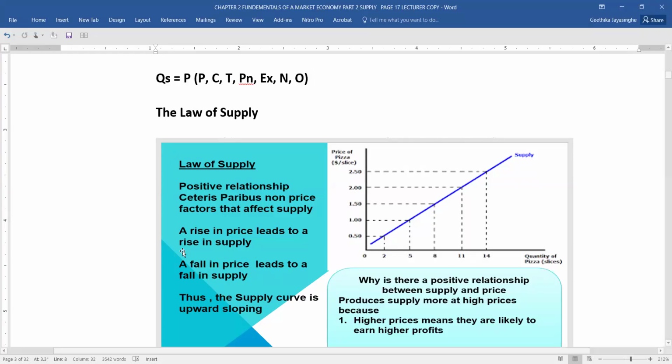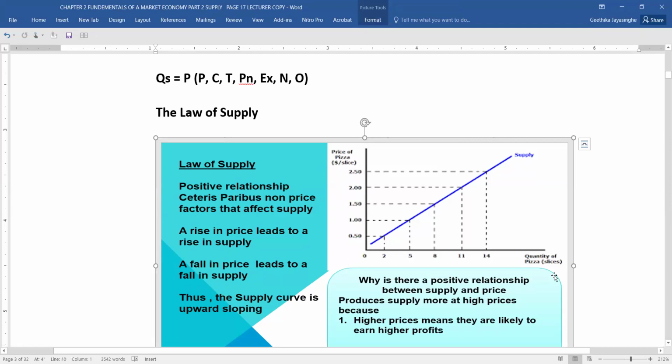So your vertical axis is the price, the horizontal axis will be the quantity, and your supply curve is upward sloping. Once you draw the curve, you have to give it a name. You can say supply.